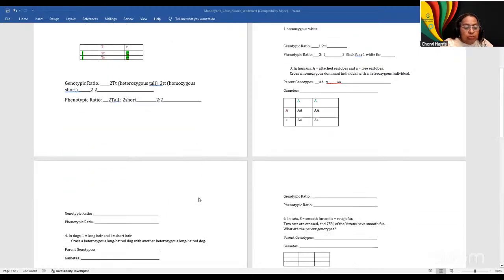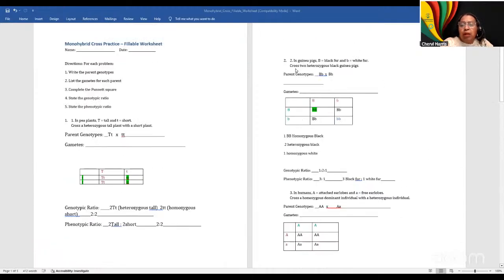Number two is over here. In a guinea pig, the questions always tell you what is dominant and what is recessive, unless they give you a box and want you to go in reverse and tell them what the dominant trait is. But most of the time, they will tell you. The letter that you use always goes with the dominant trait.